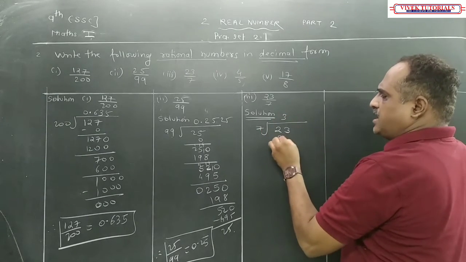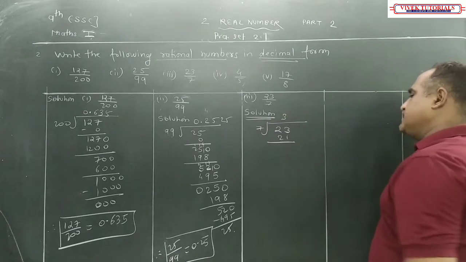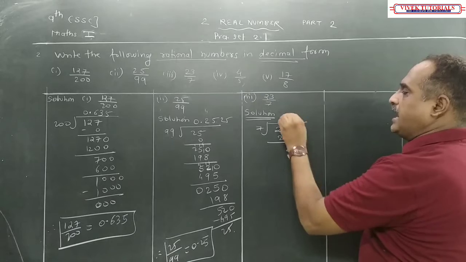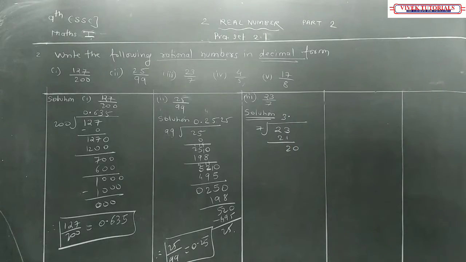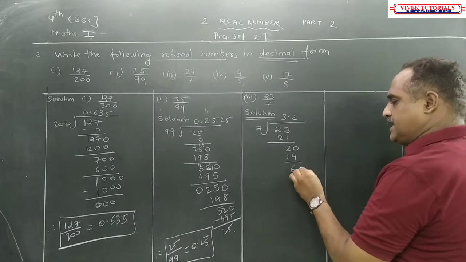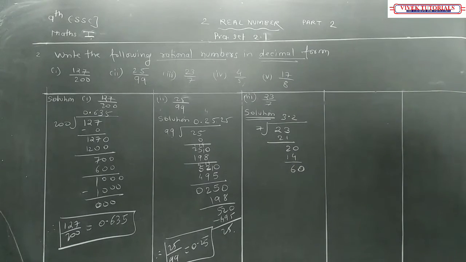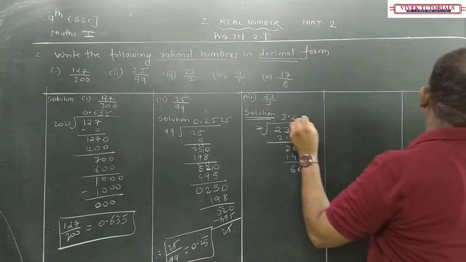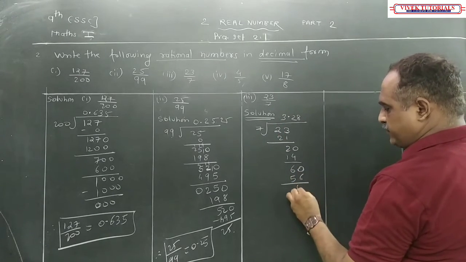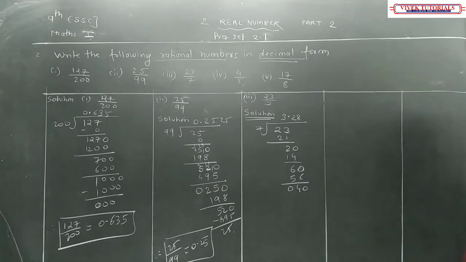So 7 3s are 21. 2 is left, right? It becomes 20. I'm going to put a 0. 7 2s are 14. 6 is there. It becomes 60. Then 7 8s are 56. 4 is left. It becomes 40.